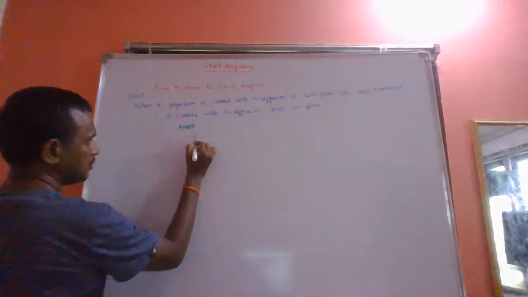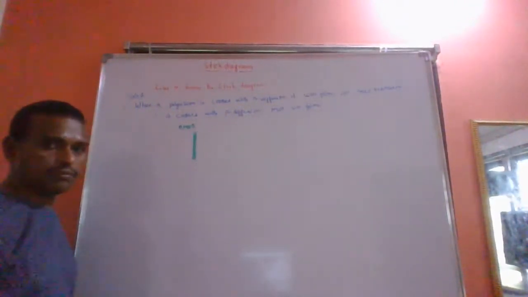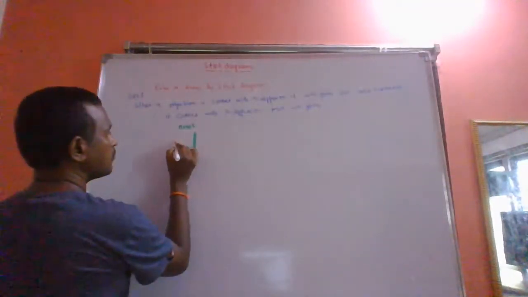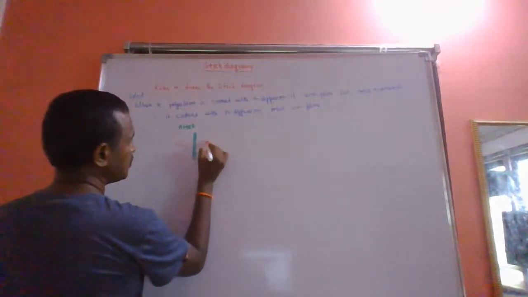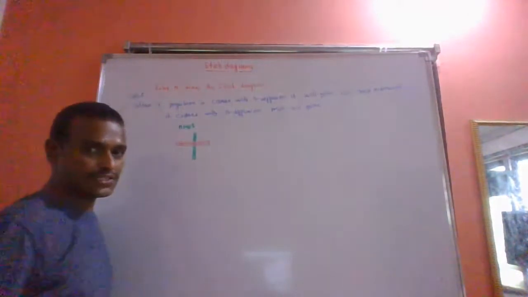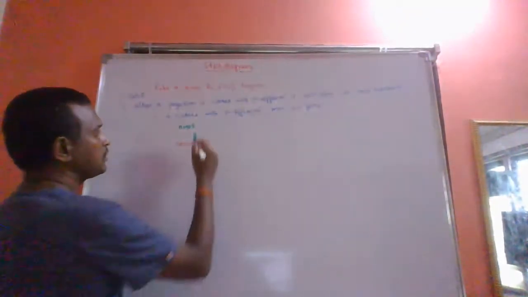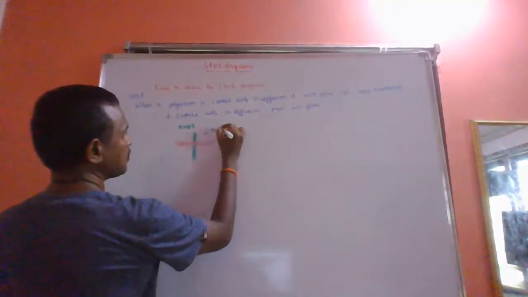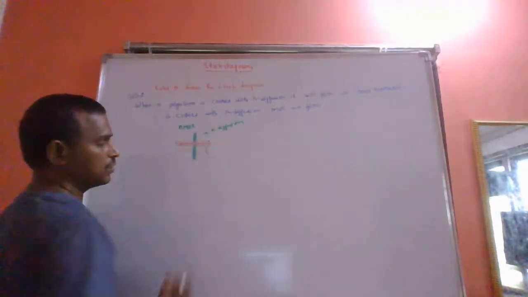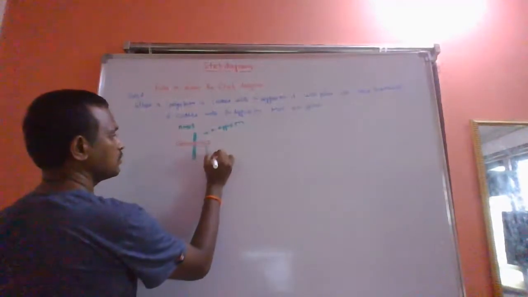Let me consider the NMOS enhancement transistor. Here this is the N diffusion, and it is crossed with the polysilicon.